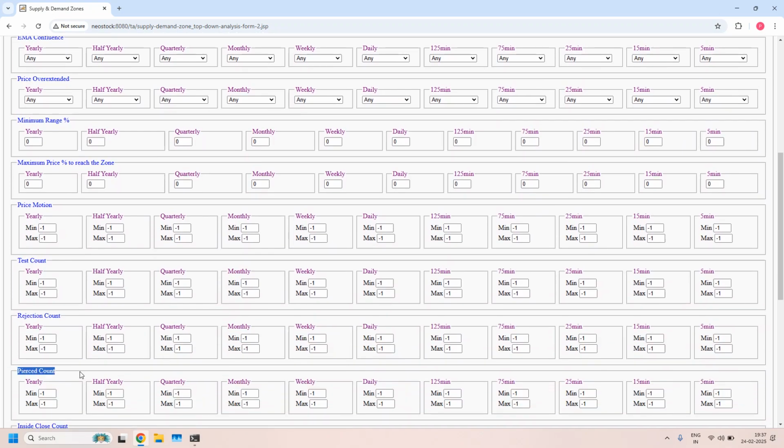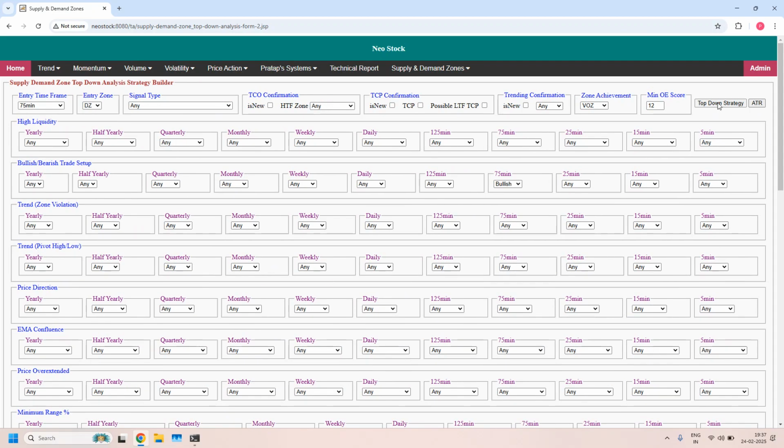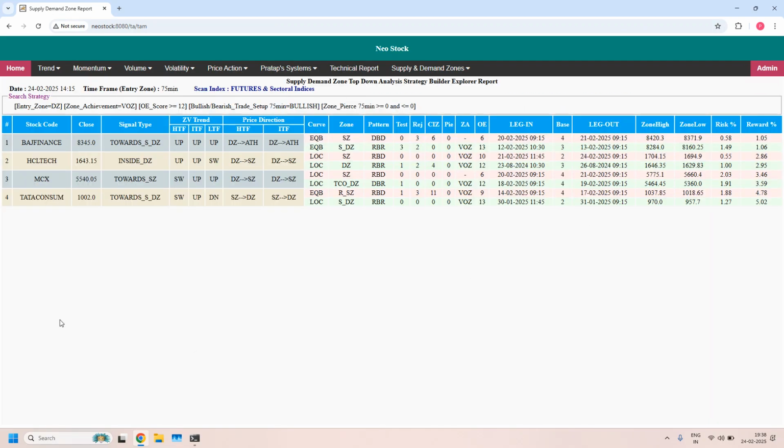So in the pierced count at 75 minutes time frame, minimum value 0, maximum value 0. That means pierced count is 0. That means zone is not pierced. So with these filters, we got 4 stocks. So these 4 stocks are currently supporting bullish trade setup for weekly income trade, and these entry time frame zones are 75 minutes demand zones.